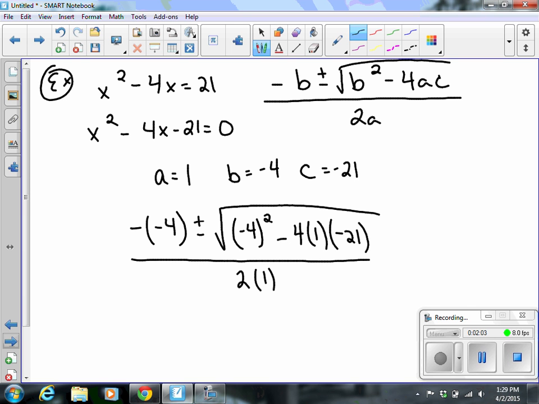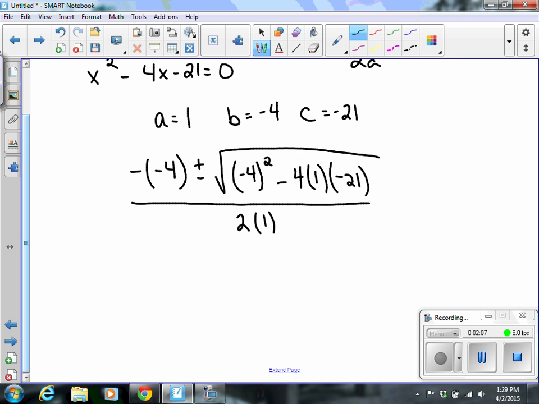All right, so it looks big, but let's reduce underneath the square root. If we reduce that, it looks a lot cleaner and a lot easier to manage. So the negative of a negative is a positive 4 plus or minus the square root of 100, all over 2.